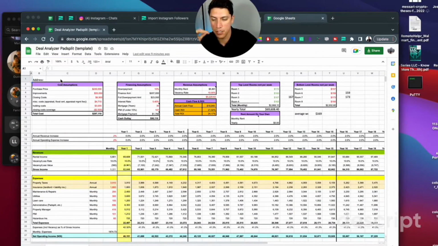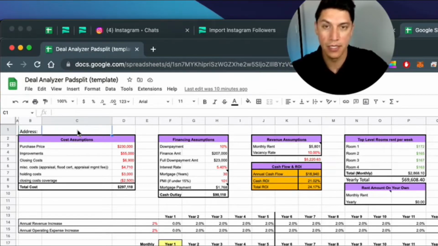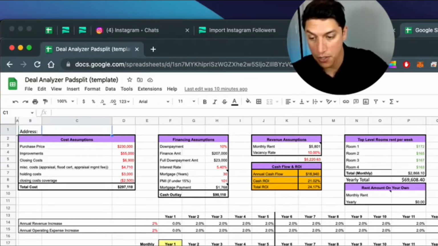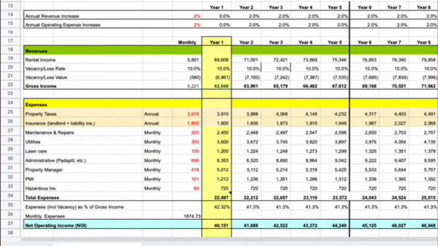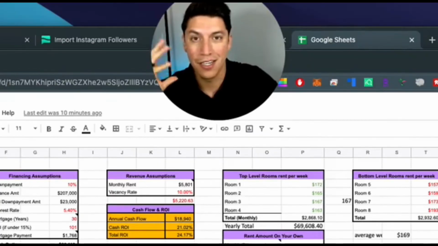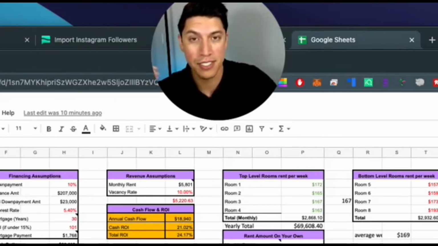To start off, we always put the address here at the top, just so we know what subject property we're dealing with. If this is your sheet, I also always put the address down here in the tab. I don't like having 100 different Google Sheets for every property. Trust me, it's going to be a massive headache.